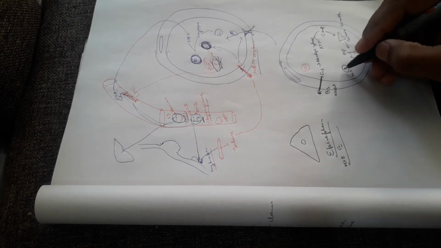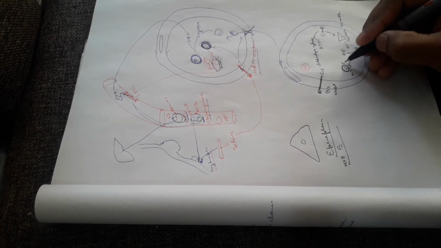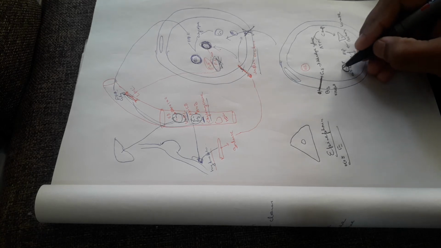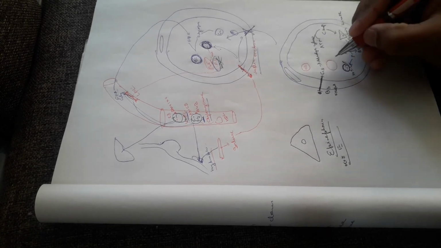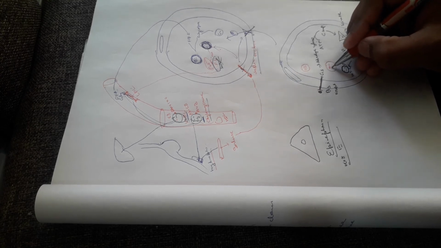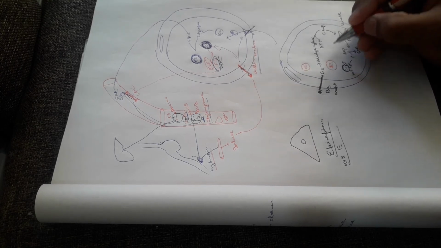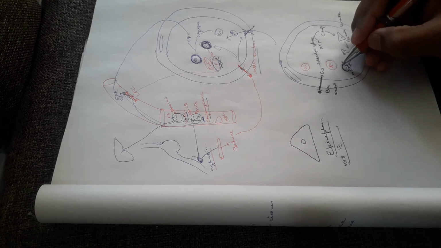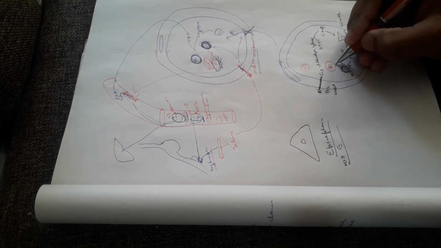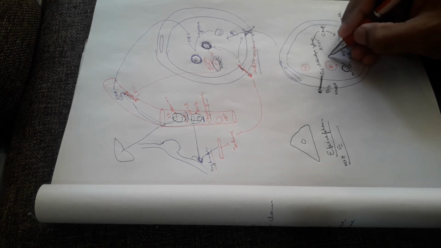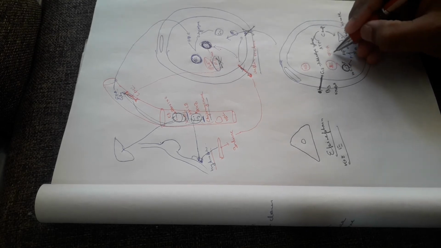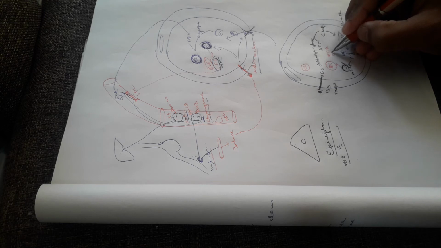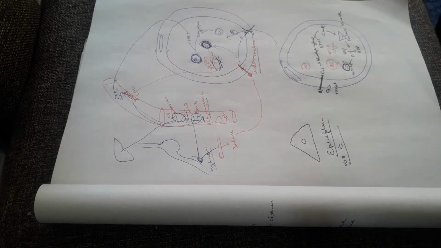Then when this enzyme becomes activated by the binding of the phosphate, it breaks down the triglyceride molecule, and when it acts on triglyceride molecules, then free fatty acid and glycerol molecule will form.